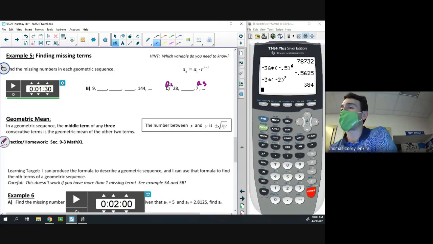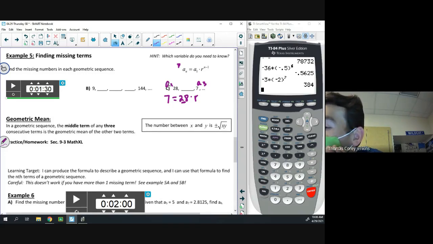We can plug in our third term here. So that would be 7 equals a sub 1, which is 28. You always want to leave your a sub 1 there because that's where it goes in the formula. So 7 equals 28 times r to the power of n minus 1.